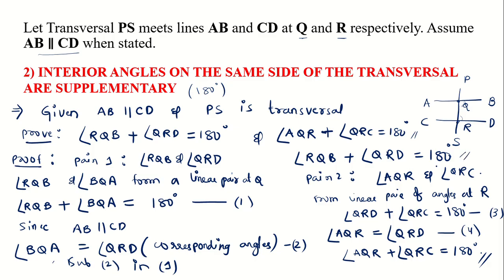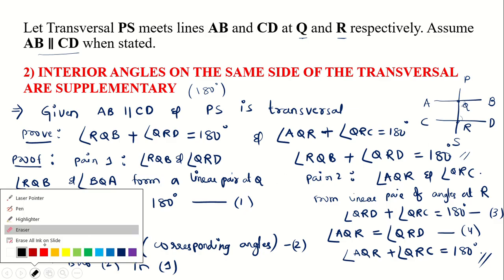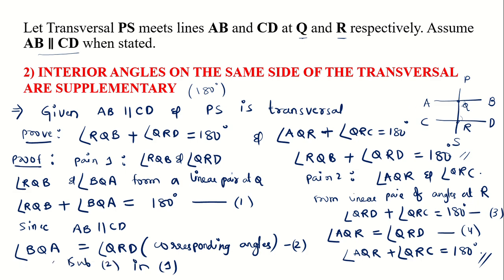This was the first pair that we are required to prove. So the first pair is supplementary and similarly the second pair is also supplementary, hence we prove that both pairs of interior angles are supplementary. Okay, so these theorems are very important.